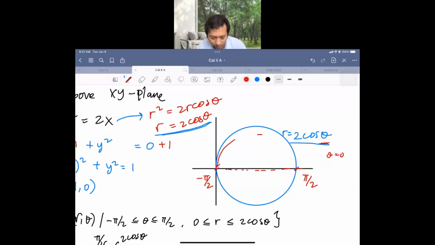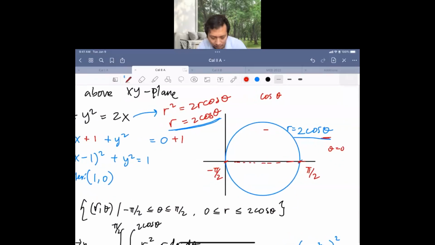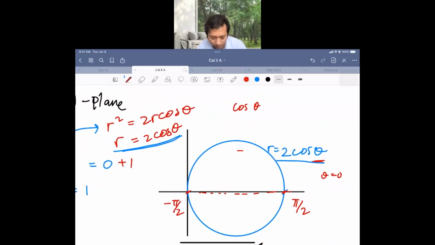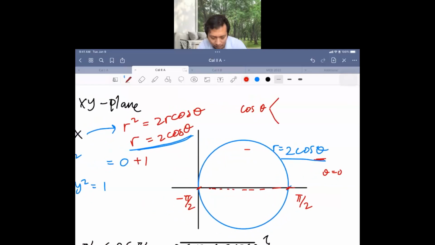Actually, if you are confused by the drawing, you could say that cos theta can be defined as 0 in two cases. So we could have pi over 2, or negative pi over 2, or even 2 pi.